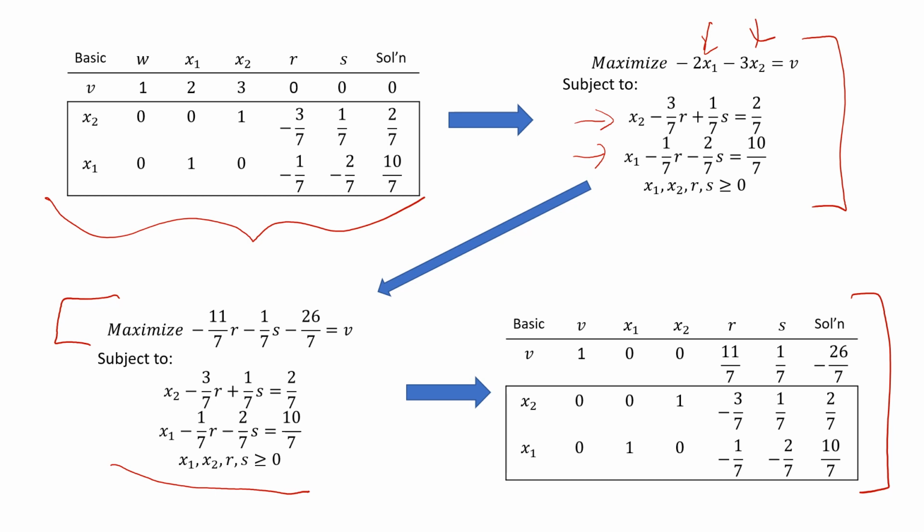Now, note that you can also do this with elementary row operations. If you take this initial tableau up in the top left corner, and you do row 0 minus 2 row 2 minus 3 row 1 as the new row 0, you will end up with exactly the top line you get in your updated tableau.